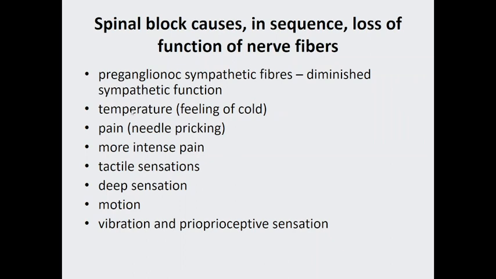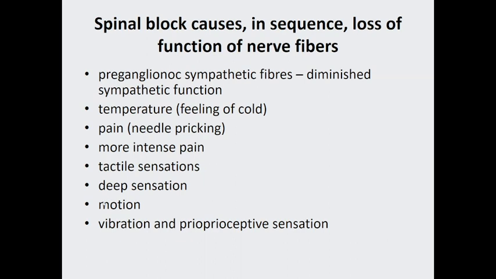The patient will start feeling cold, then the needle, the slight pain, then more intense pain, then the tactile sensation disappears, deep sensation disappears, ability to move the limb disappears, and vibration and proprioceptive sensation disappear last. In most cases, the spinal is full and deep.